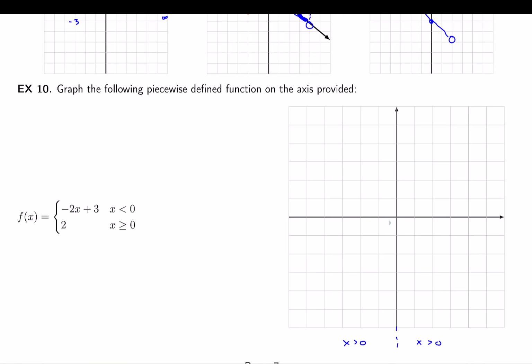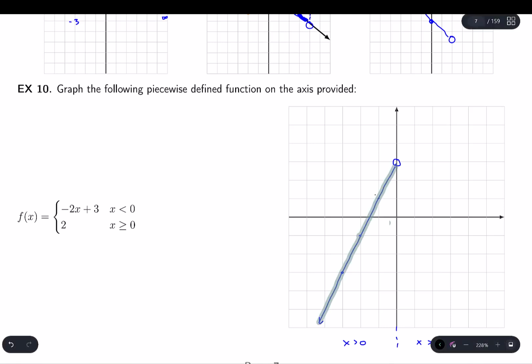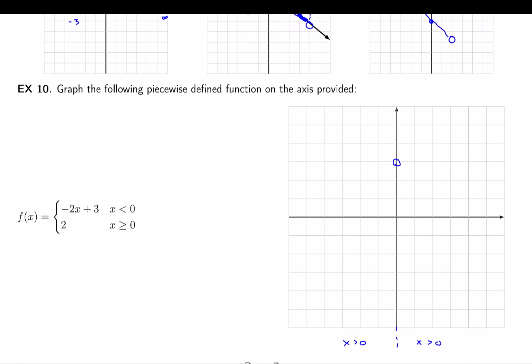So negative 2x plus 3 has a y-intercept of 3 and a slope of negative 2. If I go down 1, back 1, oh, I did that backwards, sorry. That's a positive slope. It's a negative slope, so I went in the wrong direction.